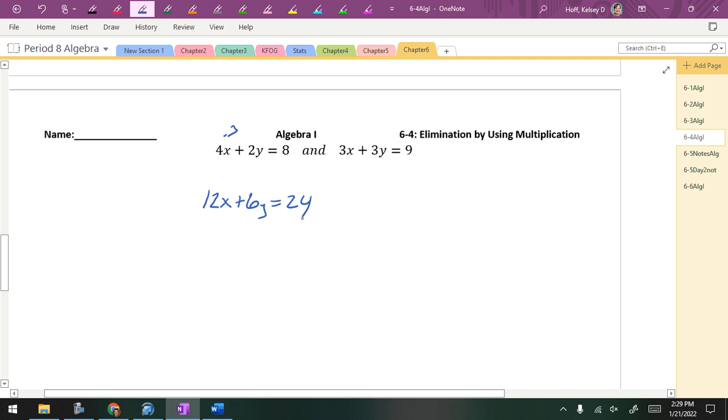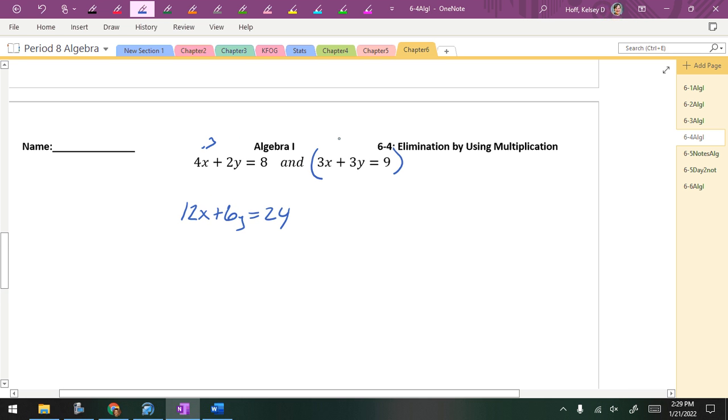Now Jackson's got us remembering that we have to make sure we have opposite signs. So if we're going to cancel the y's, I already have a positive 6y, so I need to multiply to get myself a -6y. So I'm going to multiply by a -2. Now Jackson, technically, if you would have multiplied by a negative there, then you would have just multiplied by a positive on the other one. It would have gotten you the same answer.